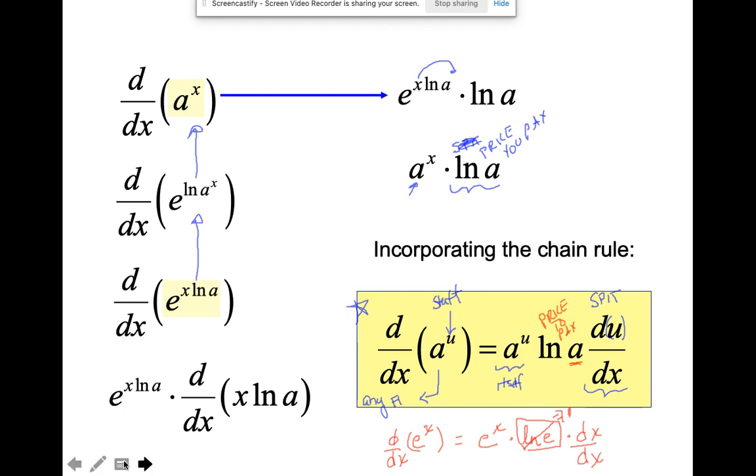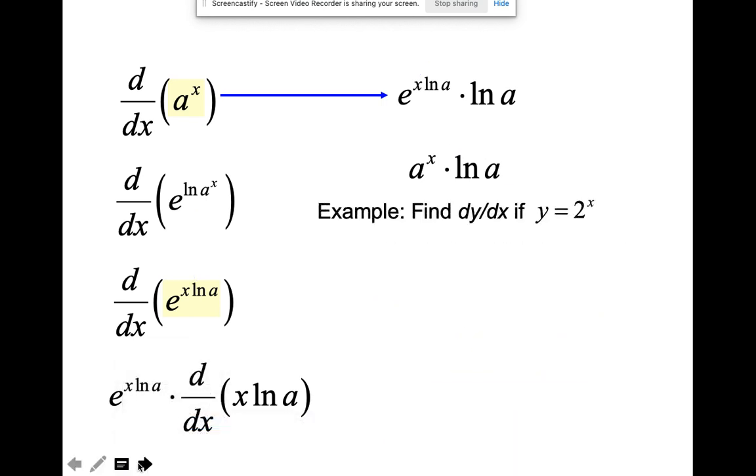Crazy. So let's try some. 2 is not e, so I have to pay the price.